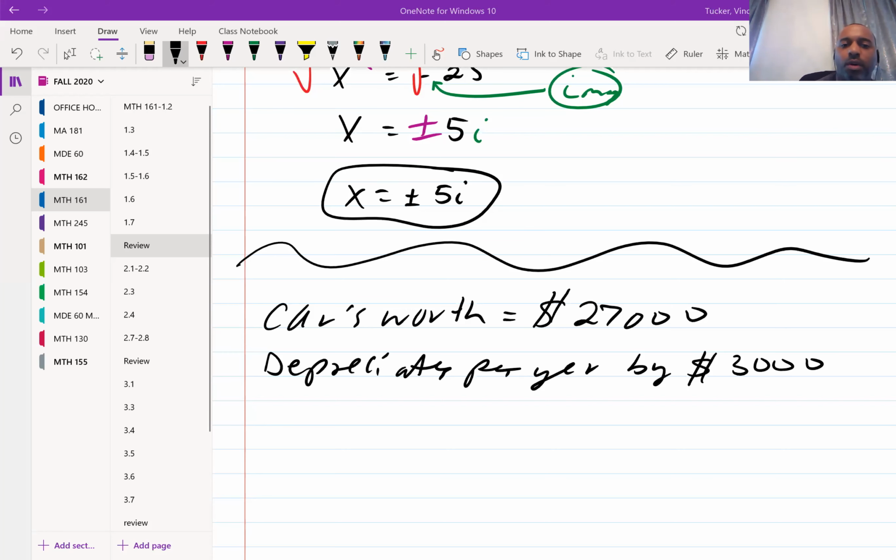Okay, that's the other part. The first part they want us to do is a formula that models the car value Y in dollars after X years. So they gave us that Y is our dollars and X is years.